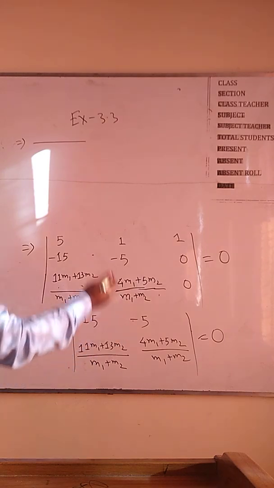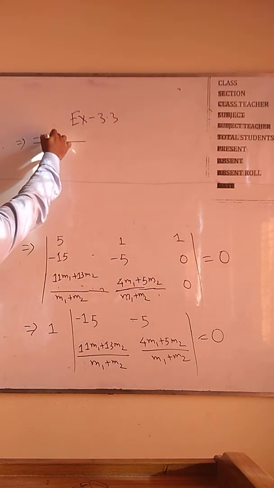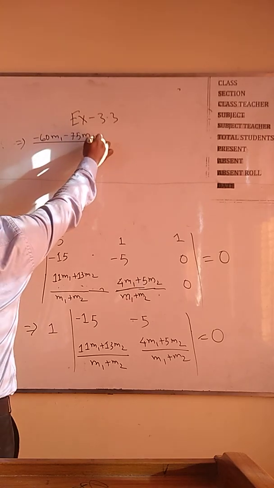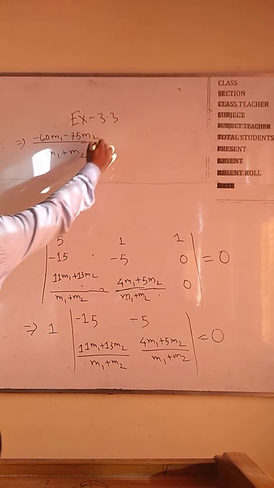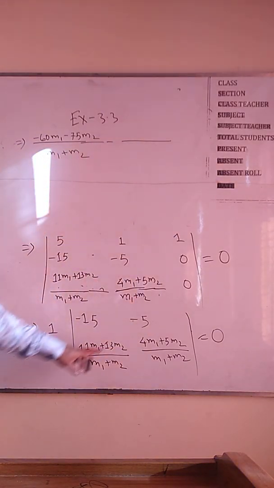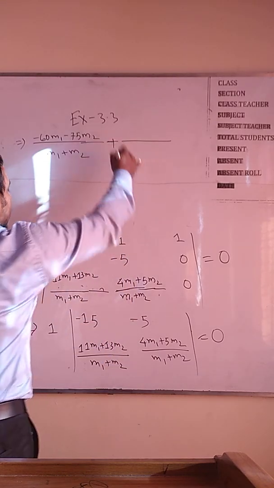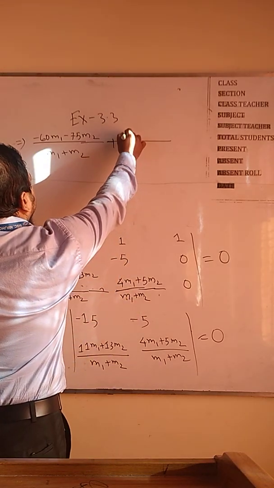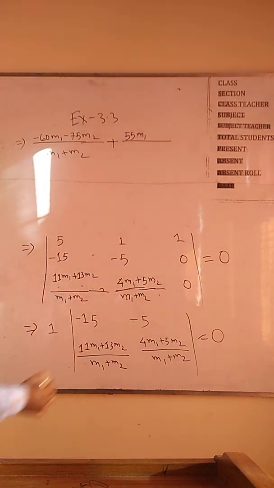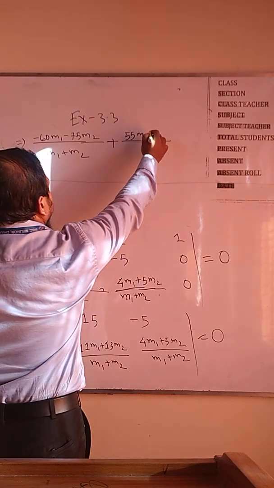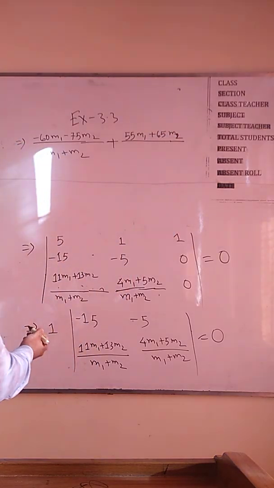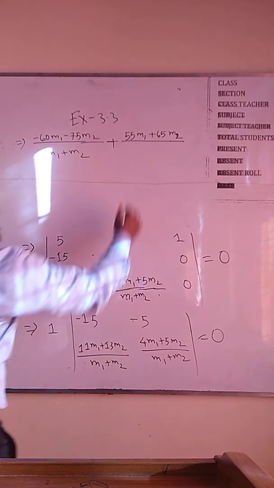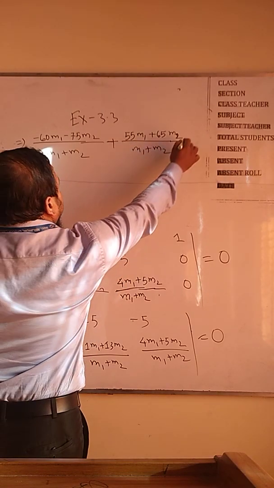It is minus 60m1 minus 75m2, since we are multiplying minus 15 and this, divided by m1 plus m2, minus, it is minus 5, we can write it is plus 5. 5 into 11 means it is 55m1 plus 65m2, and lastly divided by m1 plus m2 is equal to 0.